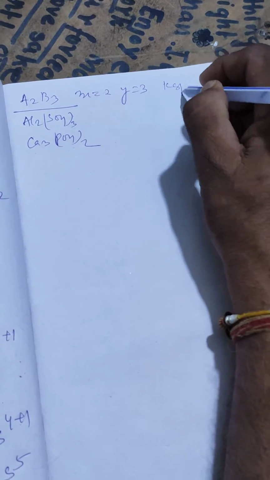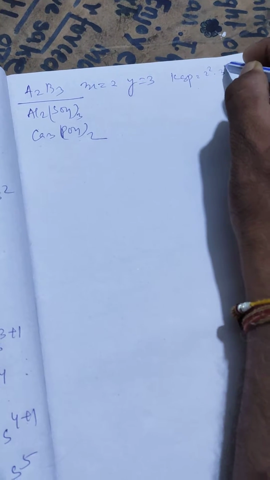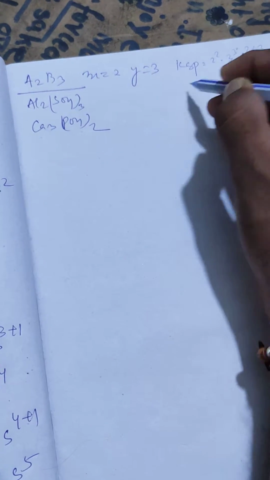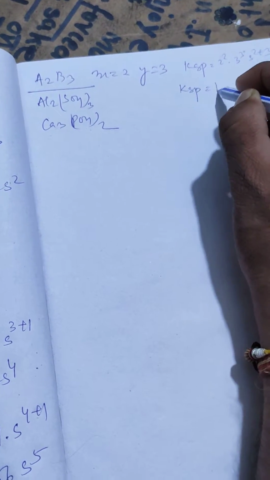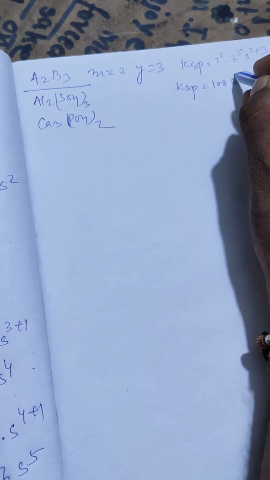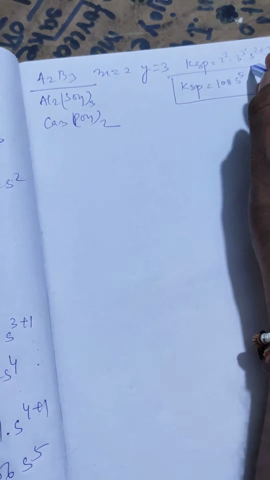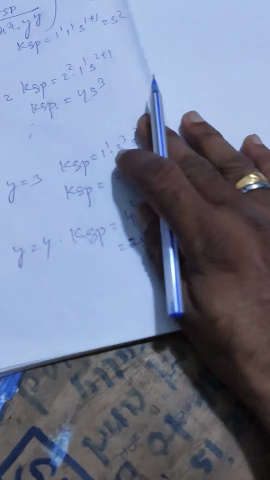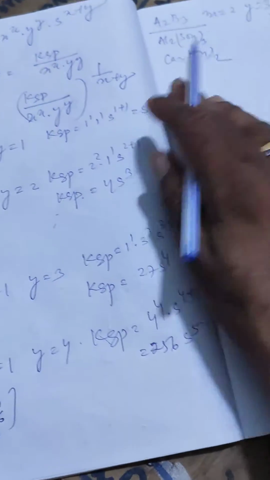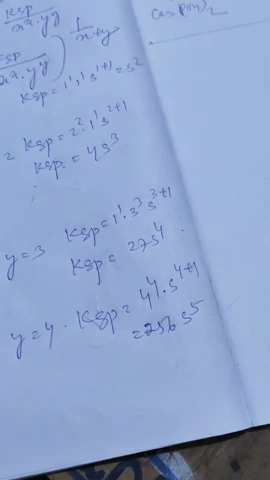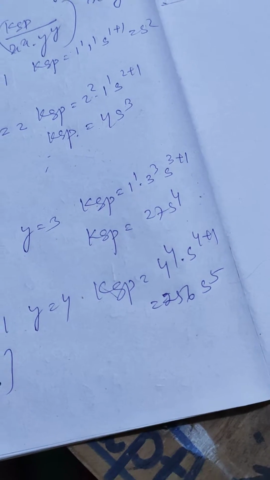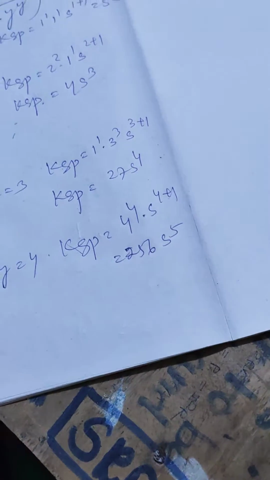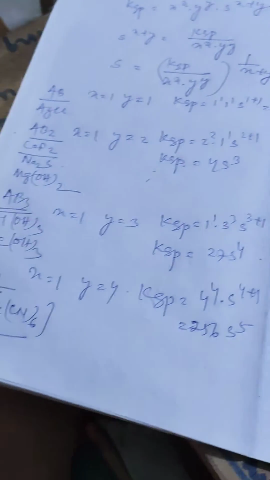So the Ksp will be equal to 2 to the power 2, 3 to the power 3, S to the power 2 plus 3, and Ksp is equal to 108 S to the power 5. So these are the varieties of salt we have discussed here, and accordingly whenever required we can get the relationship also. Okay. So what numerical problem will be asked normally.